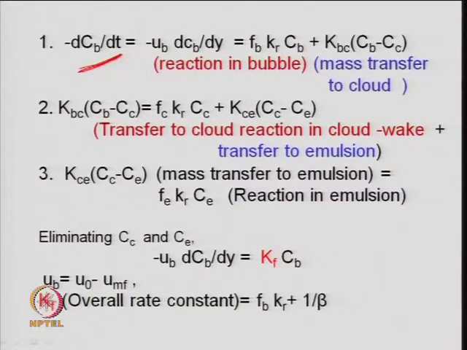So, this is equal to, now this is transport basically, dFA by dy, the change in moles of A per unit depth, right. So, that is the reaction, this is a chemical reaction in the bubble phase, and that will depend on the concentration of the solid which is present in the bubble phase.